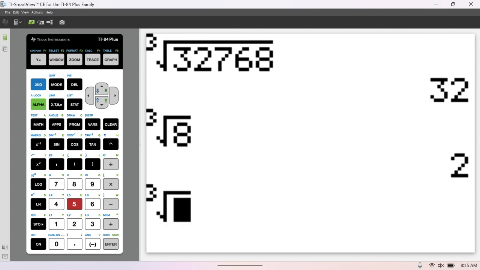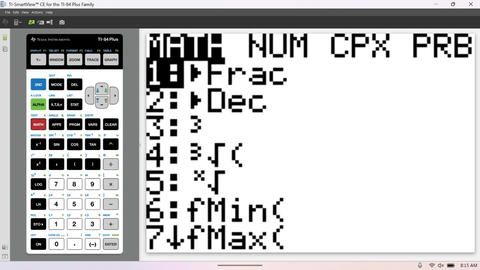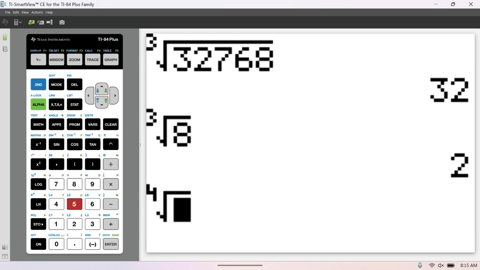So I'm going to hit 5, and notice how I made it a cube root. So let's say I wanted a 4th root. I'll hit 4, math, 5. I now have a 4th root. So you can literally input any root you want into the calculator. You just got to make sure that you go through the math setting. Does everyone understand that?